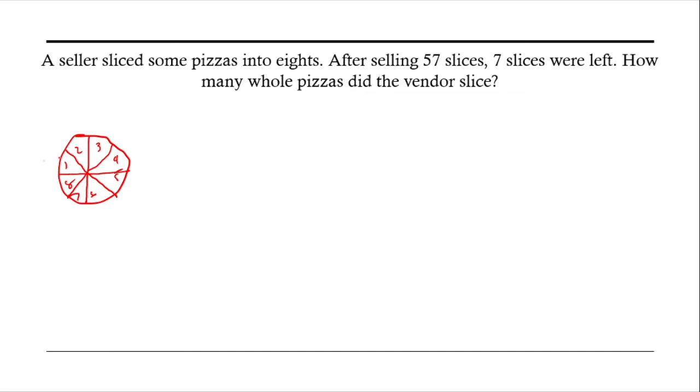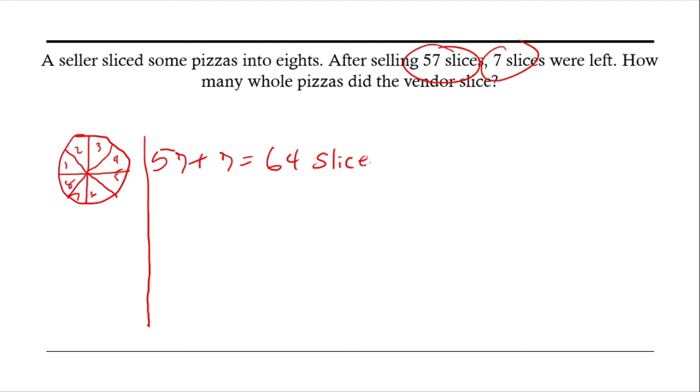Una, meron tayong 8 slices. Bilangin muna natin ilan yung total slices. 57 yung nabenta, tapos 7 yung natira. So 57 plus 7 is 64 slices lahat-lahat.